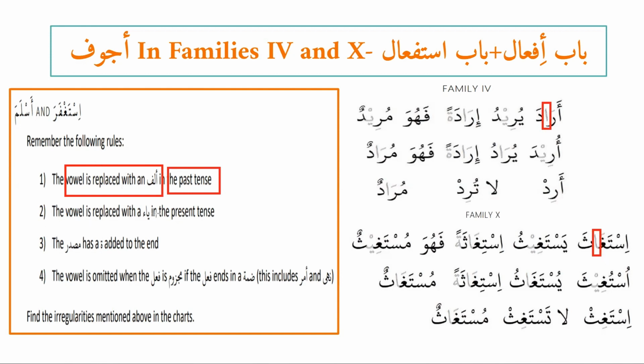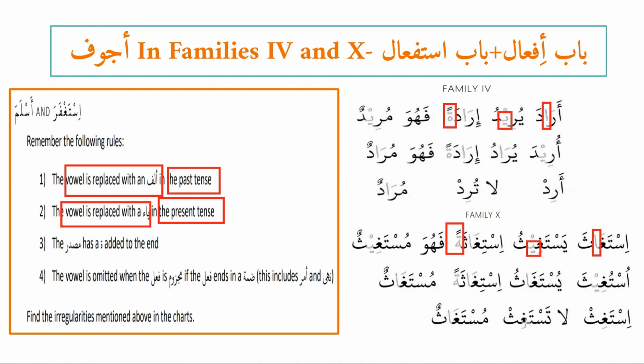Then in the present tense, what happens in ajwaf wawi or yai? The vowel is replaced with ya. So instead of yurwidu, it is yuridu. The same happens in family 10: yastaghisu, ya in place of the vowel. And then masdar has ta marbuta added at the end.